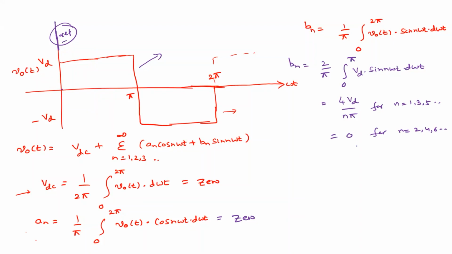Okay. So what you are left with, now we can write this V naught of t. This VDC term is 0. This is also 0. So this is sigma n equal to 1, 3, 5, and so on, to infinity, of 4 Vd by n pi into sine n omega t.